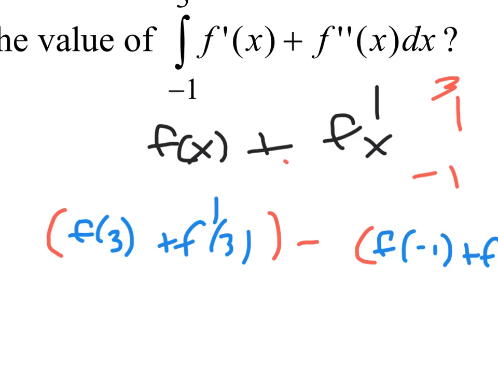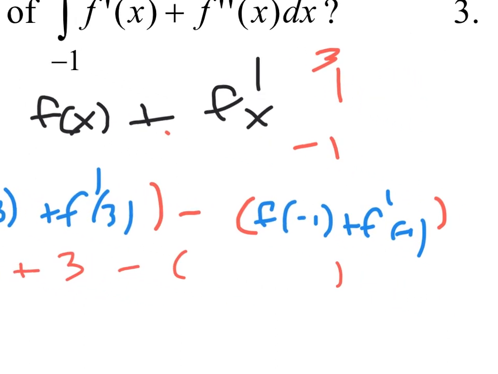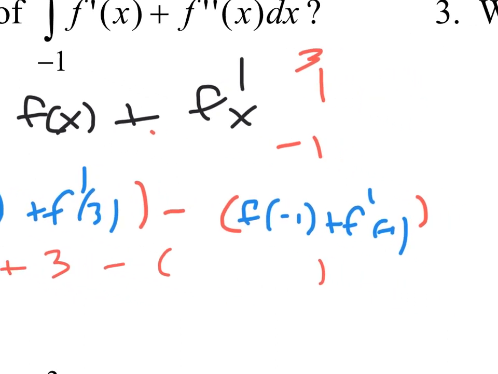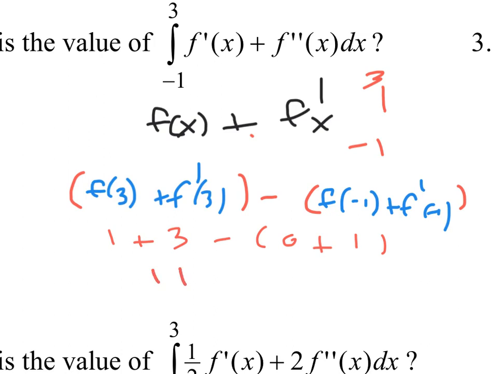What's in the table for f of 3? 1, plus f prime of 3? 3. All of that minus, I'm going to put a parenthesis here so I don't mess up, f of -1, it was 0, plus f prime of -1, 1. So that becomes 1 plus 3 minus 1, or 3.